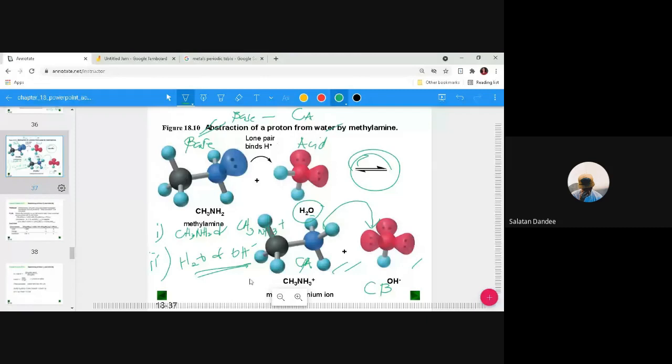So make sure that for the conjugate acid-base pair, you pair the base on one side with the acid on the other side, or the acid on the reactant side and then the base on the product side. Acid, base. So two pairs.